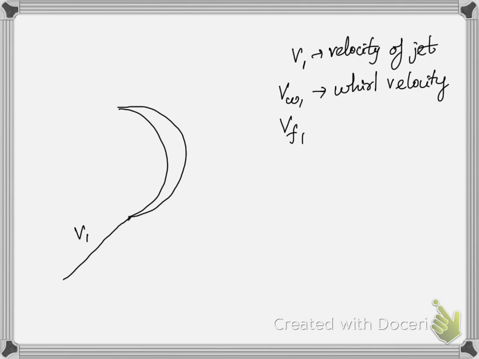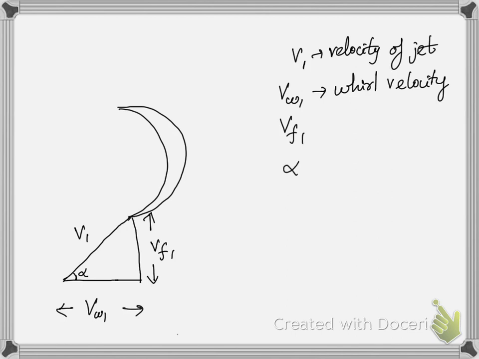So we'll draw this. Let this be the horizontal direction and this the vertical direction. So this is VW1 in the horizontal direction and VF1 in the vertical direction. Because it is making an angle, I'll draw it and write it as alpha.